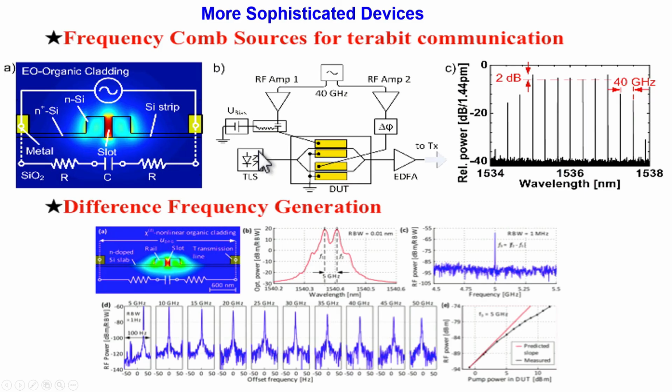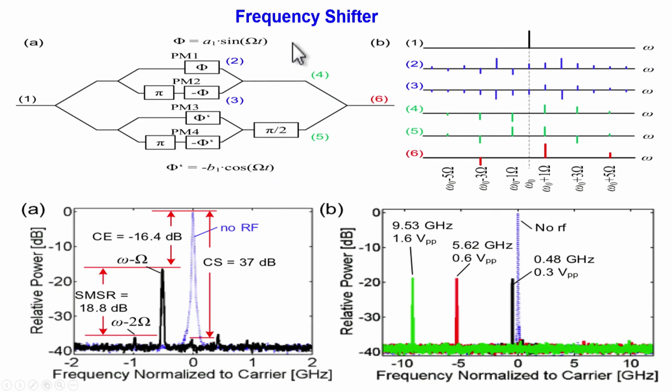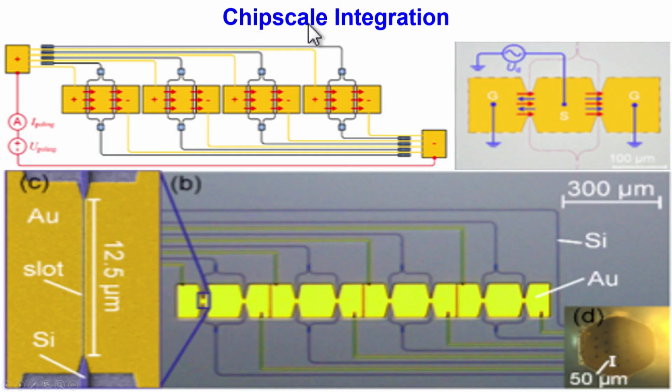There are beam steering devices, more sophisticated devices. Comb sources have been generated, difference frequency generation, frequency shifters. And finally, chip-scale integration has been done. And this just shows you the poling, processing, as well as operational device structures.